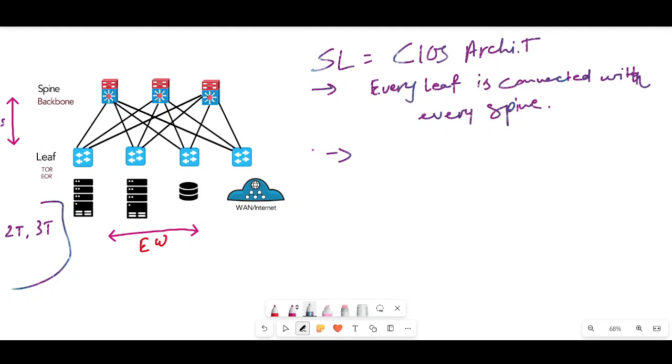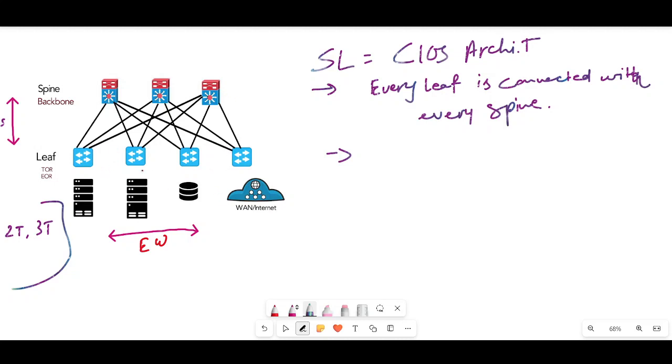That is the best point. If every leaf is connected with every spine, that means we get equal paths: first, second, third for each. Because of the same equal paths, there will be no latency.